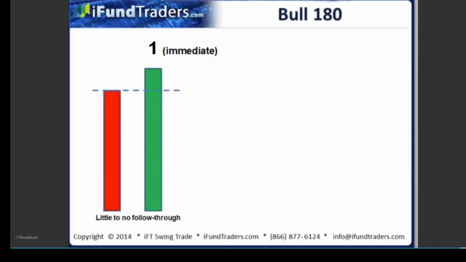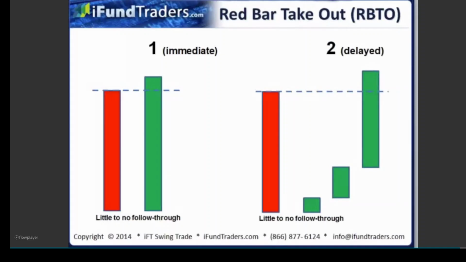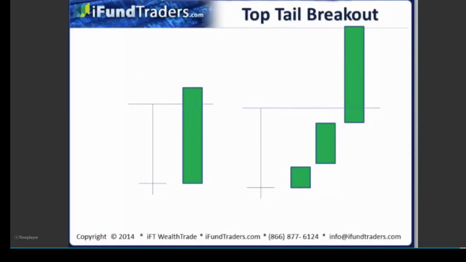Bull 180s or 180 bars, immediate. Red bar takeouts, delayed versions of Bull 180s. Topping tail bar takeouts, all right? Immediate and delayed versions.